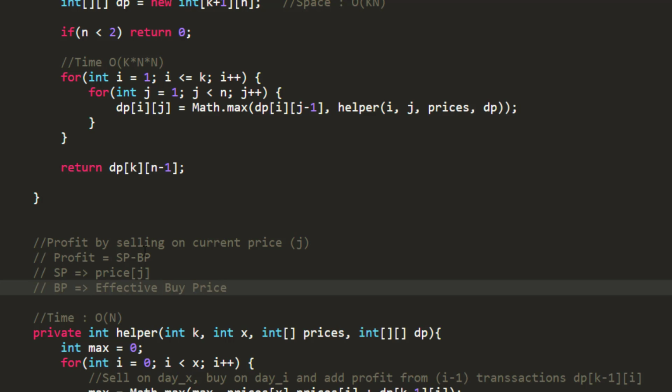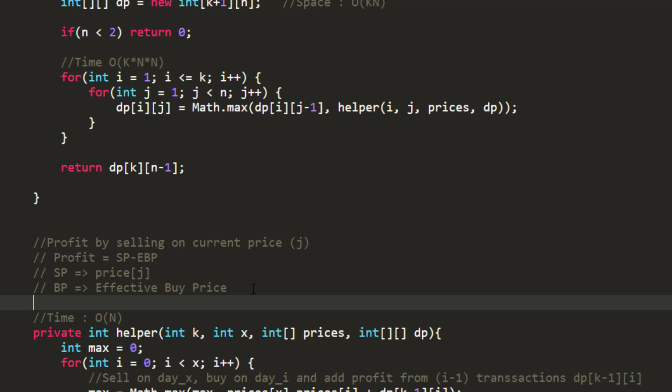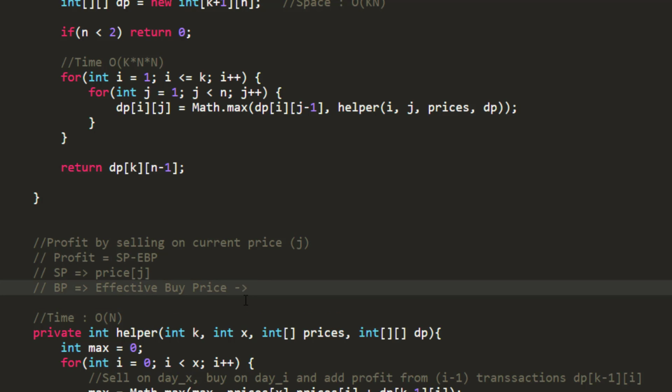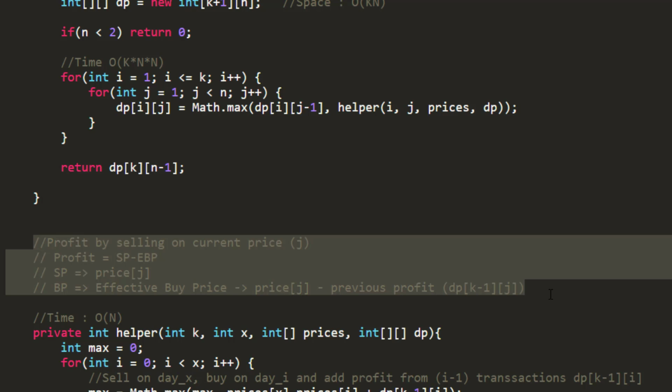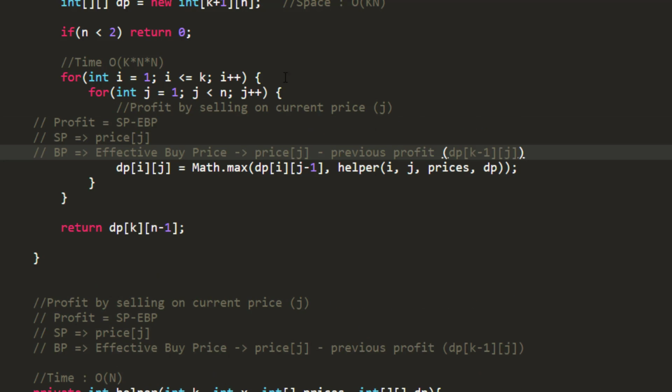So now over here the profit becomes SP minus effective buy price, and this effective buy price is the price of the current stock minus previous profit. That previous profit is dp of k minus 1 and j. So my effective buy price becomes price of j minus the profit. So we can use all these things in place of this helper that we have written over here.